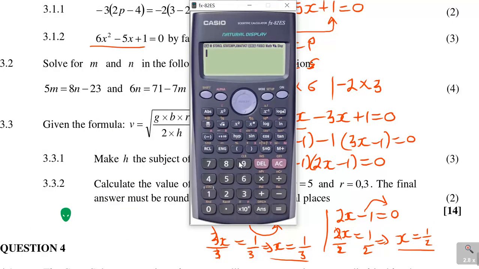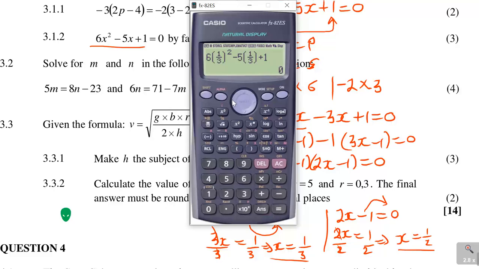So you've got 6 into, the first one is 1 over 3 squared, minus 5 into 1 over 3, plus 1. It must give me a 0.